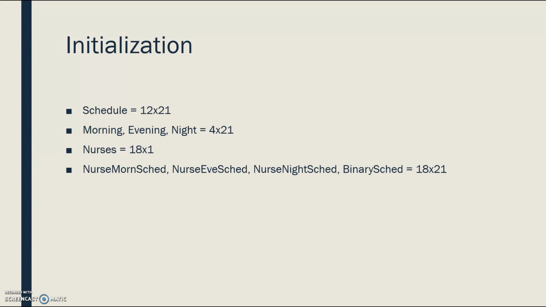And these are all binary matrices, 0 or 1, and it's just referring to if that nurse is working that shift or working in that day. The binary schedule is just like, are they working that day? And we use that for some counting constraints later.